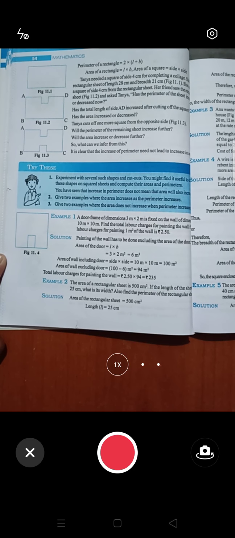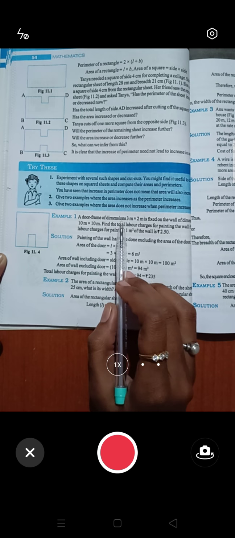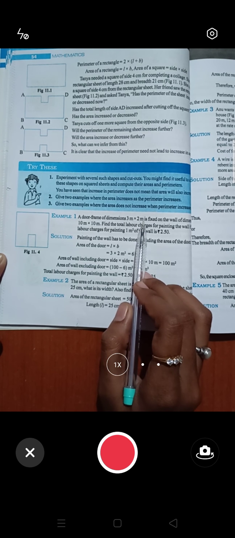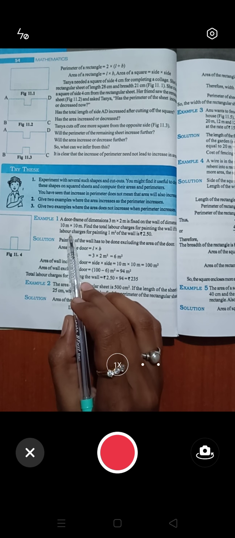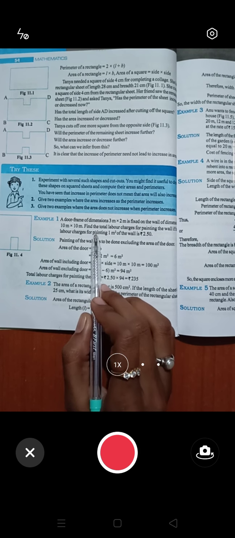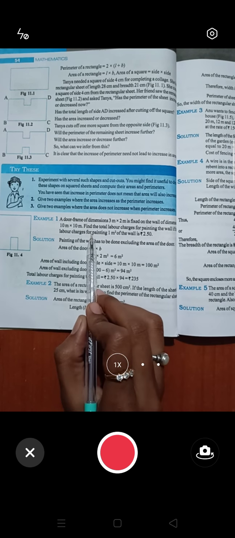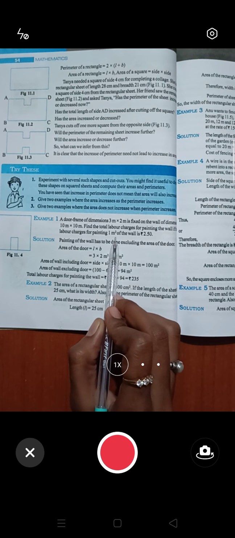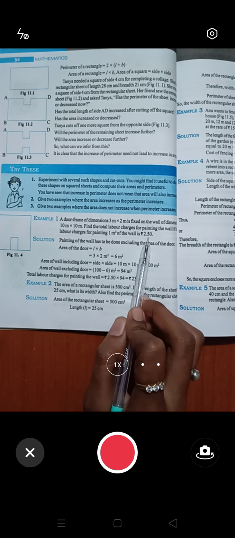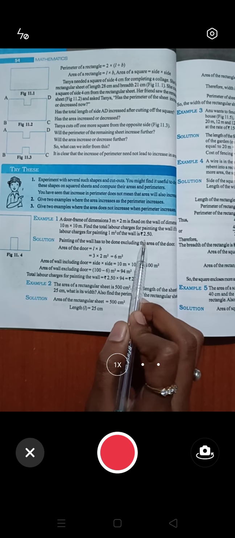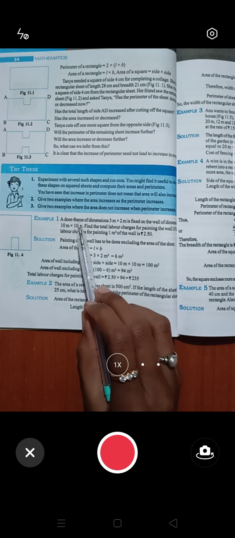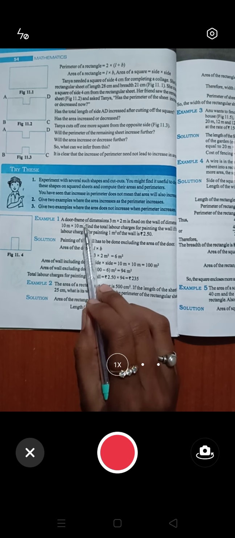Let us solve a few problems relating to the formulae which we studied just now. A door frame of dimensions 3 meter into 2 meter is fixed on the wall of dimension 10 meter into 10 meter. Find the total labor charges for painting the wall if the labor charges for painting 1 meter square of the wall is rupees 2.50. Let me explain. There is a door frame which is shown here.